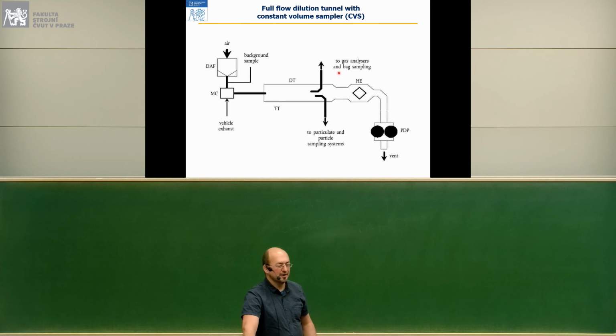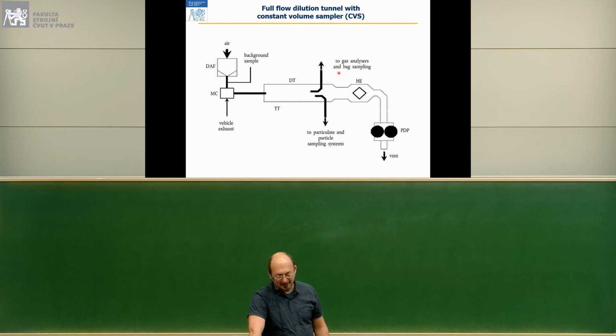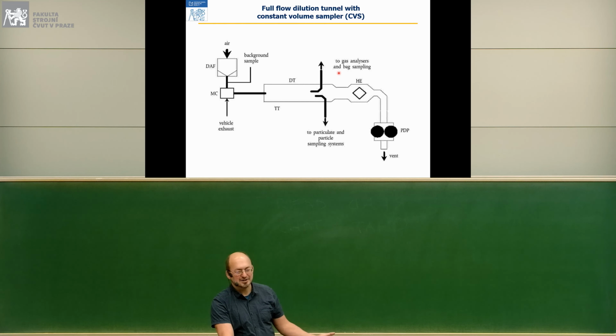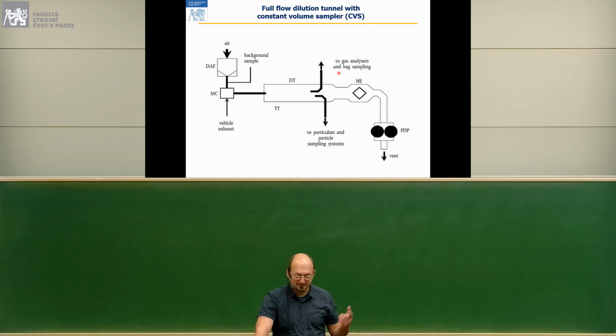Those are Tedlar or Teflon bags, and sample is taken into them, and at the end of the test you extract a portion of the bag for analysis, and you get one number per test, but it's a very accurate number.